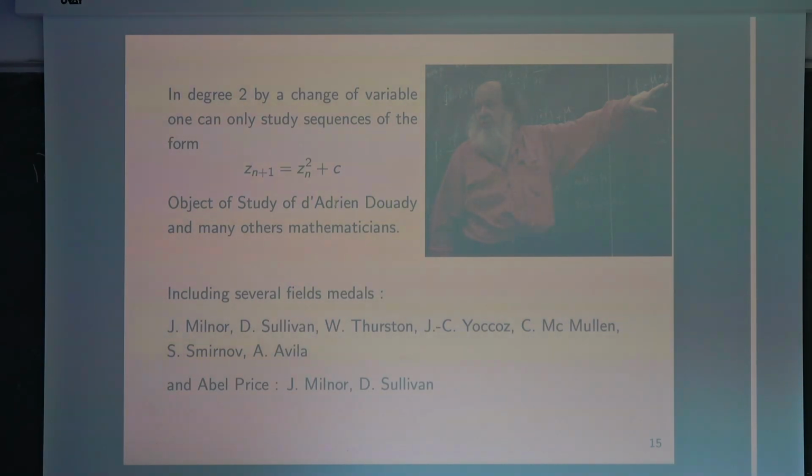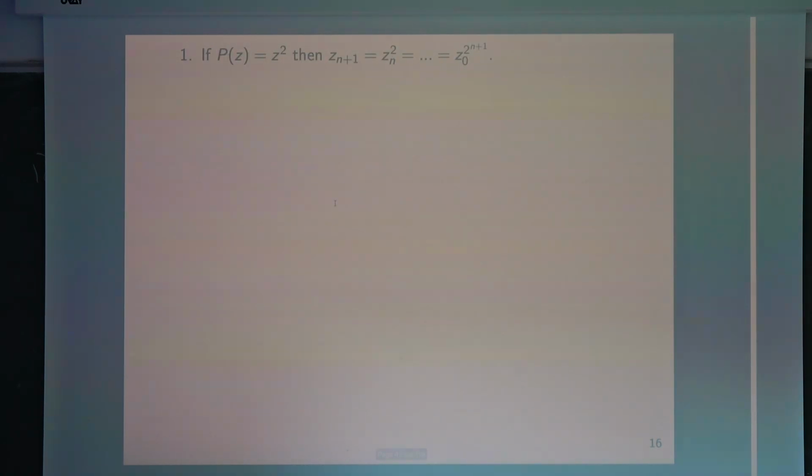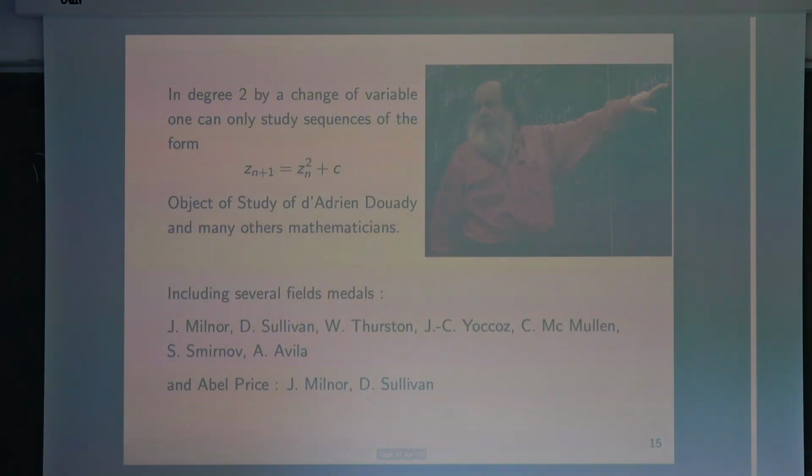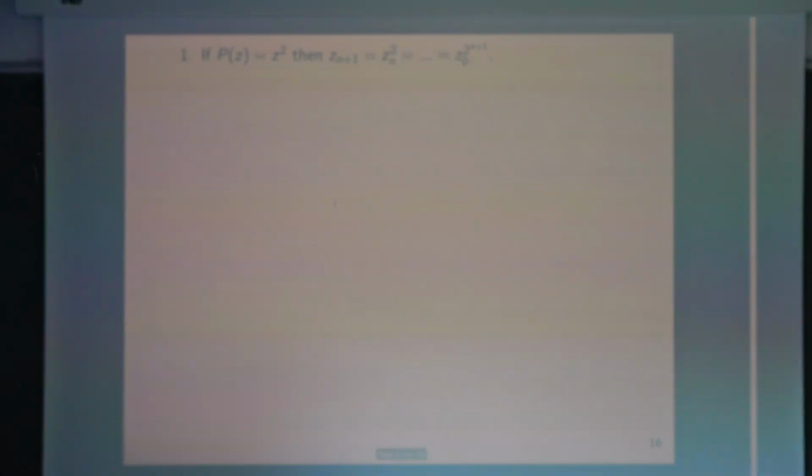So a lot of work has been done, but there are still plenty of open questions, and one very difficult question that nobody could solve. I will explain a little more about this. I just put here the mathematicians who got the Fields Medal and Abel Prize, but there are plenty of people working in this area, and also in higher degree, in higher dimension, and so on.